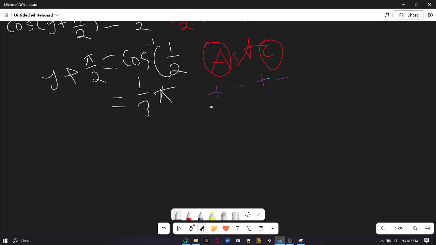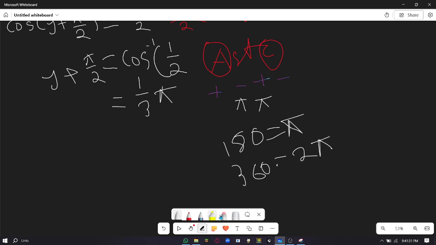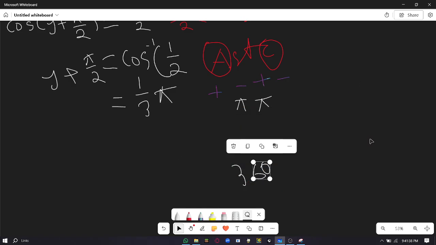You have to remember this. 180 is actually just pi, and in radians 360 is 2 pi. So we will instead be subtracting it and adding it with pi.